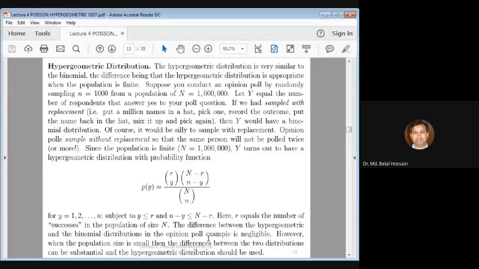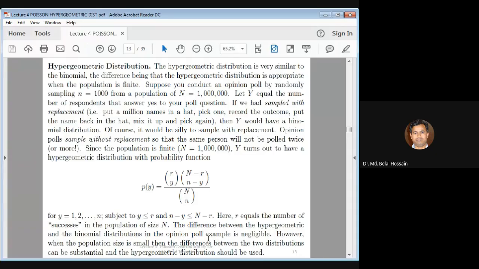That is when you draw a sample and put that item back into the box again, so the same sample can be repeated. That is called sampling with replacement.